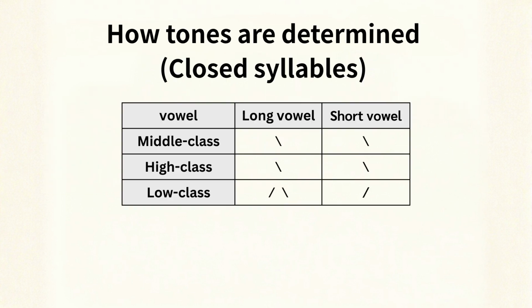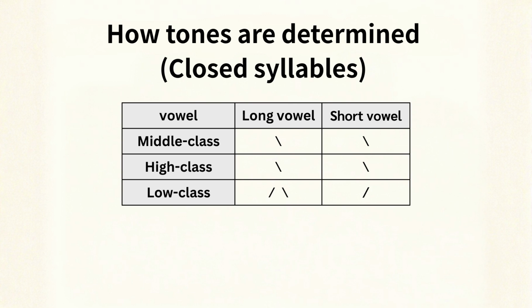Here, we will explain the tones of closed syllables that end in p, t, or k. These endings are called stop finals, and the tone is determined by both the vowel length and the consonant class. 1. When the vowel is long, for mid-class and high-class consonants, the tone becomes low. For low-class consonants, the tone becomes falling. 2.